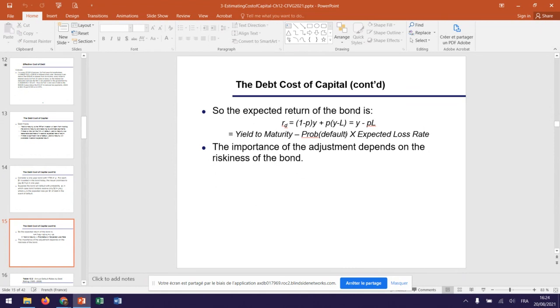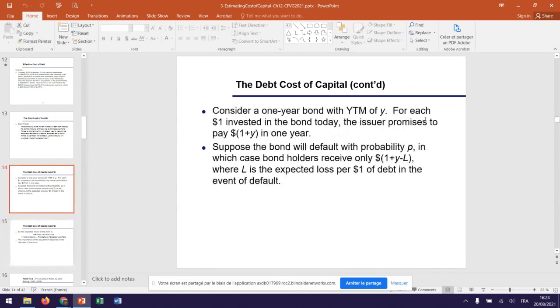The importance of this adjustment depends on the riskiness of the bond. Everybody follows? Everybody understands where this equation comes from, right? I have two possibilities. One, the bond defaults. The other, the bond does not default.